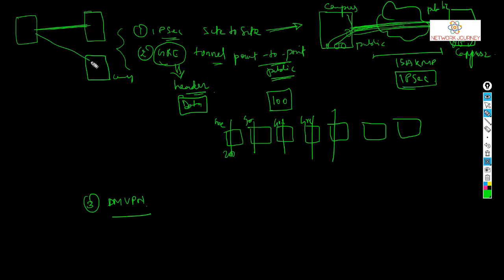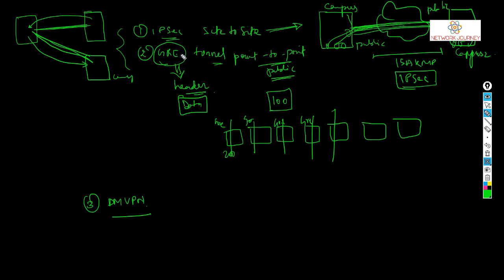You have to lay another point to point connection, right? What about the traffic flow? The traffic should come to this, and from here the traffic should go to campus number 2, right? So there are a lot of limitations. You need public IPs, they are not scalable. You need a lot of VPNs between sites, right?